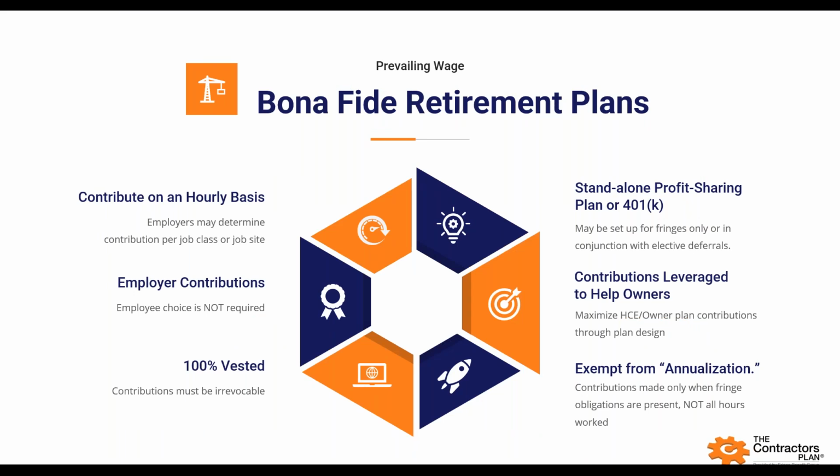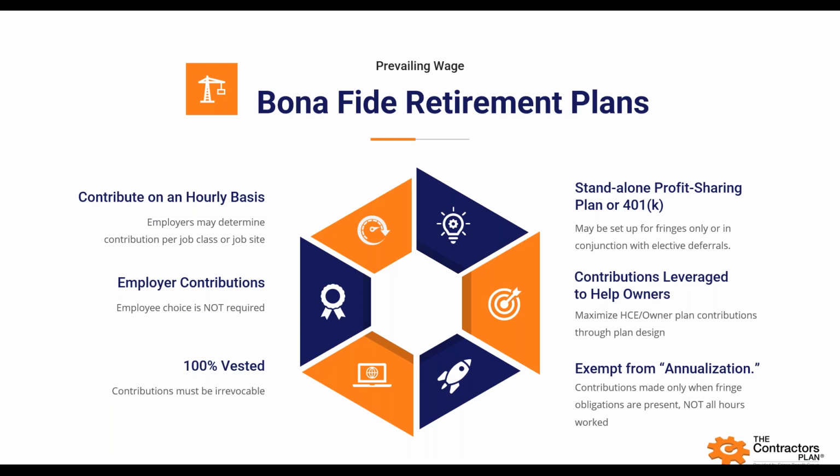So retirement programs have a number of opportunities for contractors. First, you can contribute on an hourly basis quite easily. In fact, employers have the opportunity to determine their contribution by job class or job site.